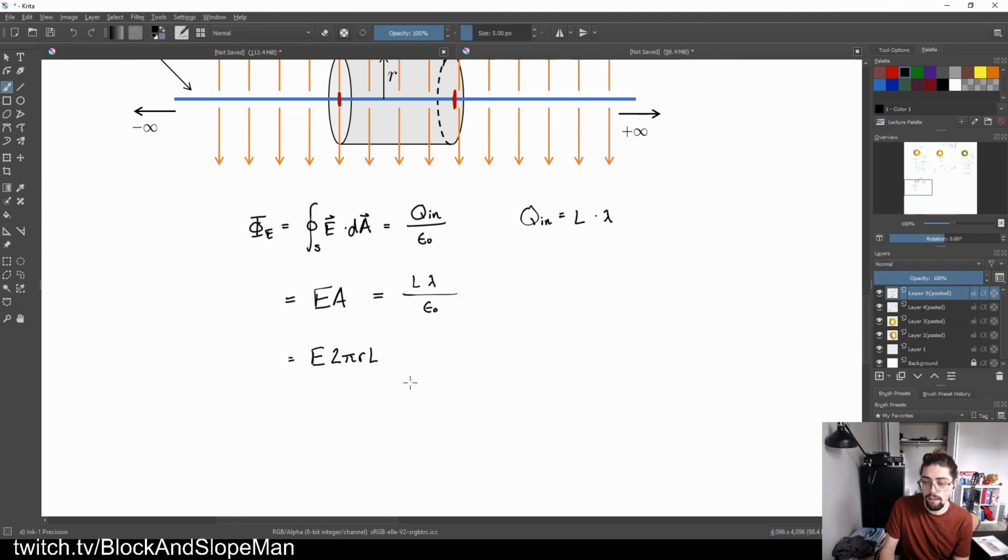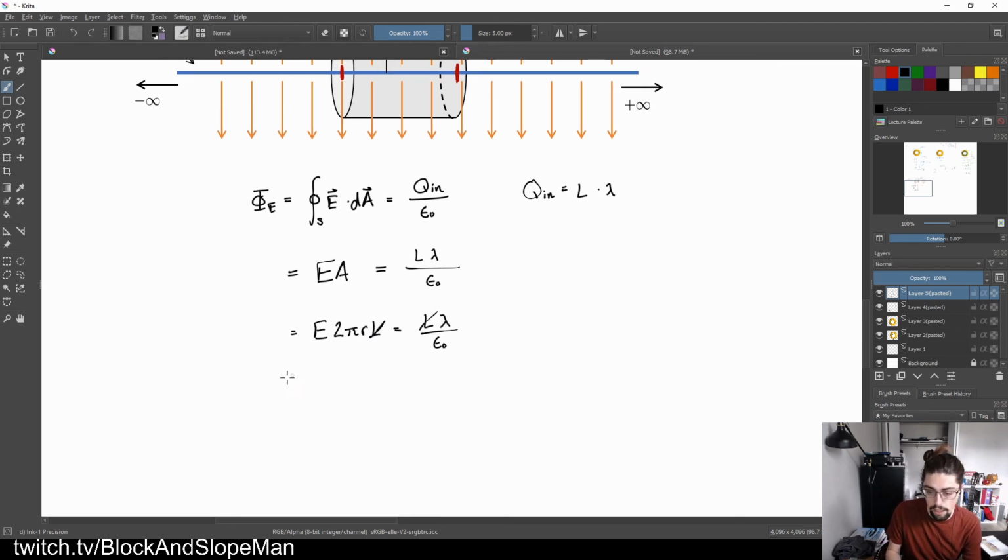So now knowing that, we didn't need to do anything else for that step, so let's just carry that down. Now that we're here, the L's cancel out, right? I can divide over everything else that's not E. So this becomes lambda over 2 pi epsilon naught R. Multiply the top and the bottom by 2.